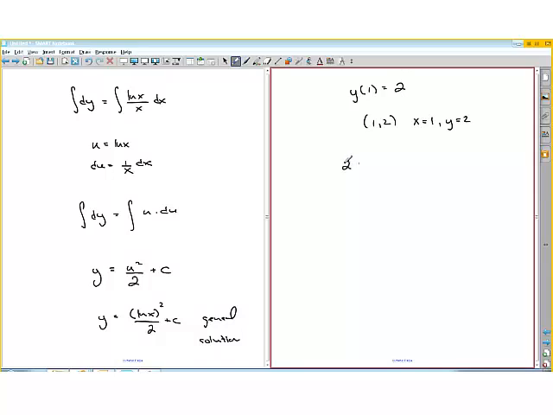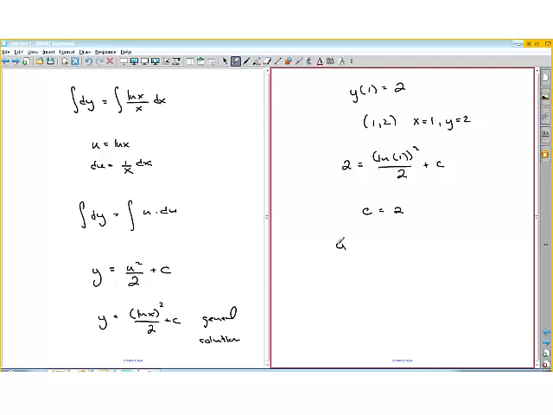So y equals 2 when x equals 1. So we have the natural log of 1, the whole thing squared, divided by 2 plus c. The reason they choose 1 is because the natural log of 0 would be undefined. The natural log of 1 is 0, and 0 squared is 0, so this term drops out, and we see that the arbitrary constant is 2.